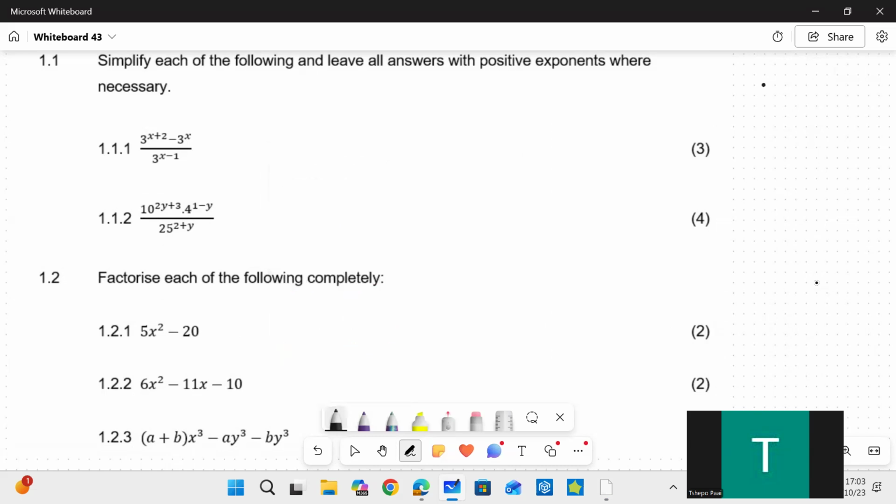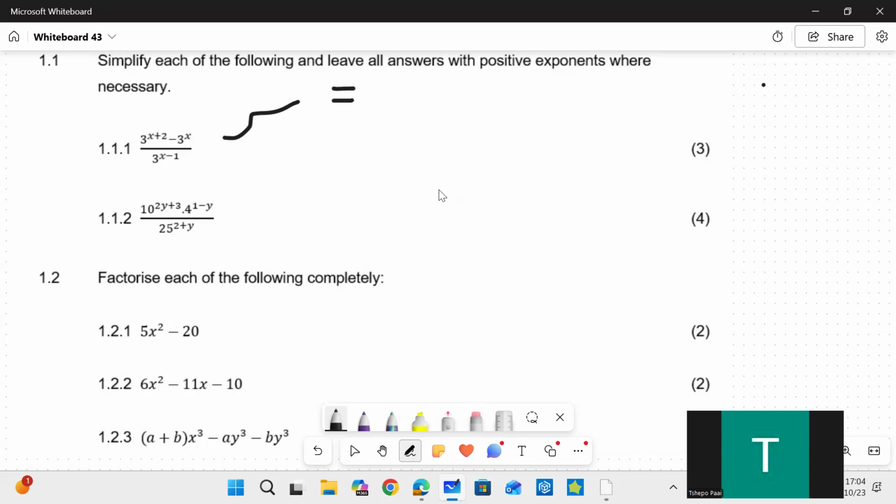Now, let's look at our terms here. What we are going to do for 1.1.1, let me just start it here.